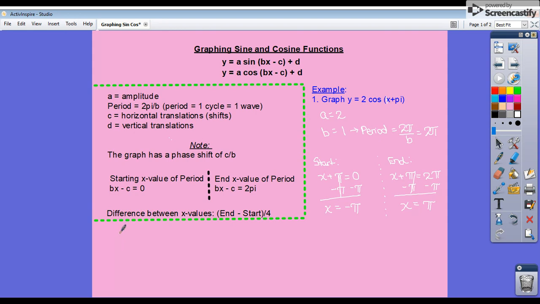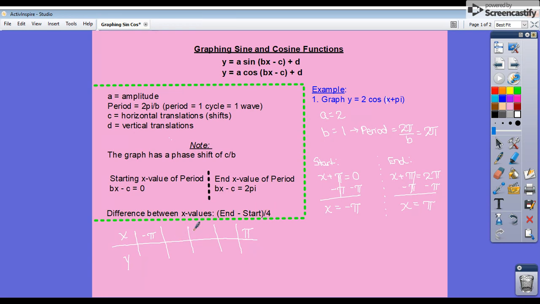So again, when you graph, you will have 5 points in a period. We know that the starting point is negative pi, so the last point will be at pi, but what about the points in between? This is where the difference between the x values comes in. You're going to take the end point minus the start point and divide it by 4.